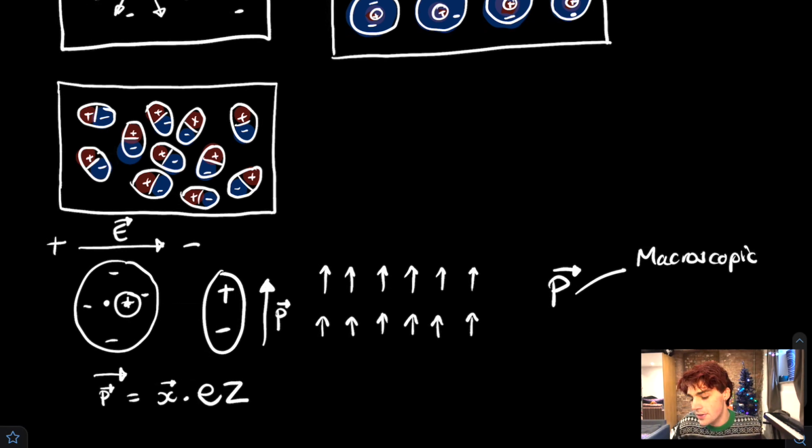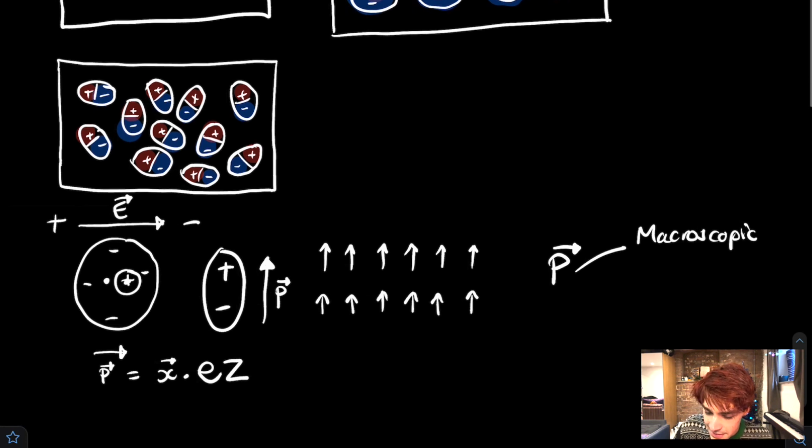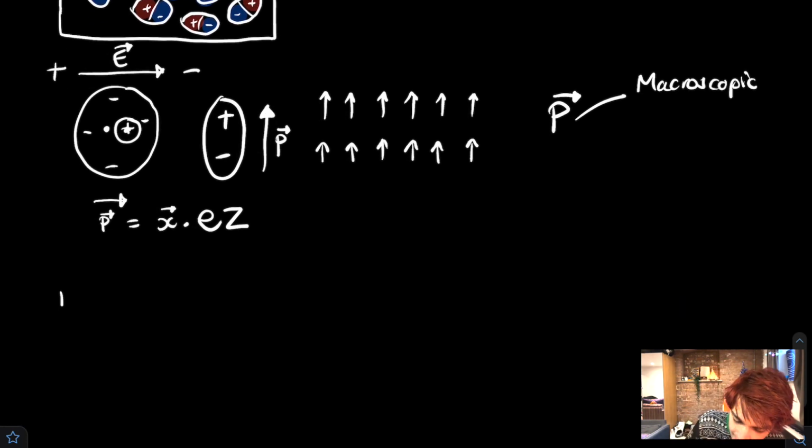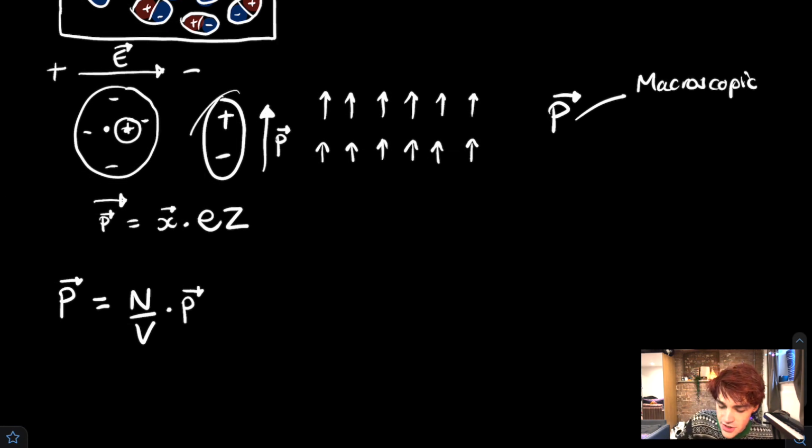And you can think of the macroscopic polarization as kind of like a density that's across any material. And in fact, the way it's defined, the macroscopic polarization is equal to the number of dipoles per unit volume, so N over V, multiplied by the dipole moment of each individual atom or molecule right there. So you actually have this macroscopic polarization, which is kind of like the dipole density.